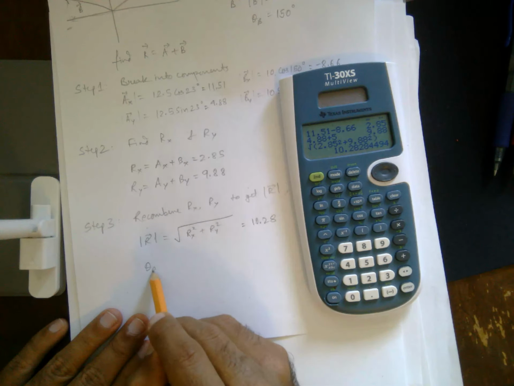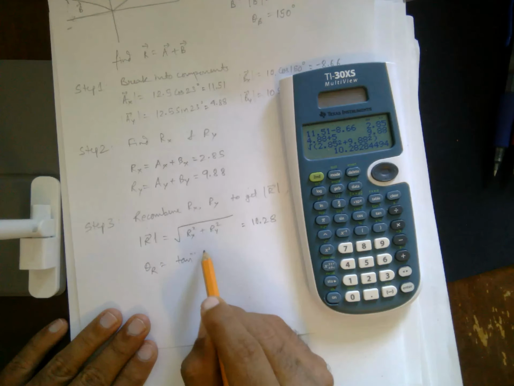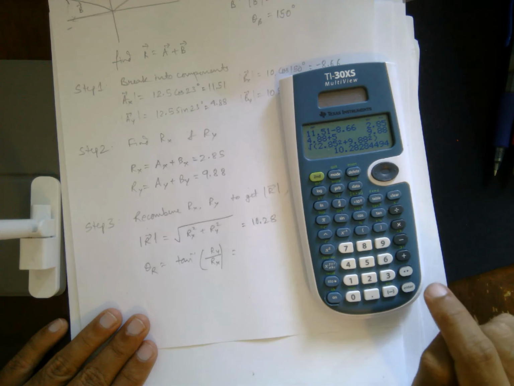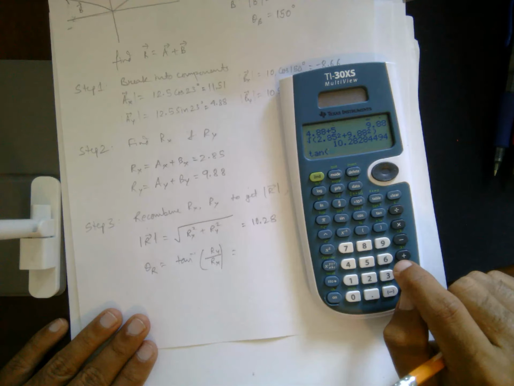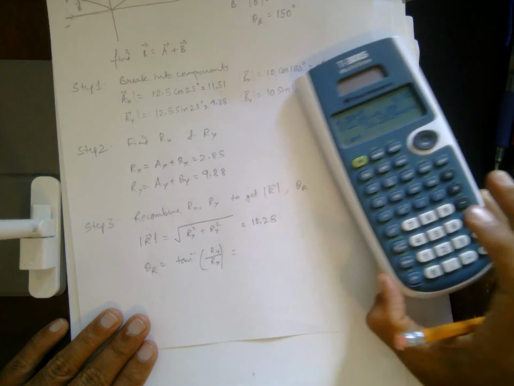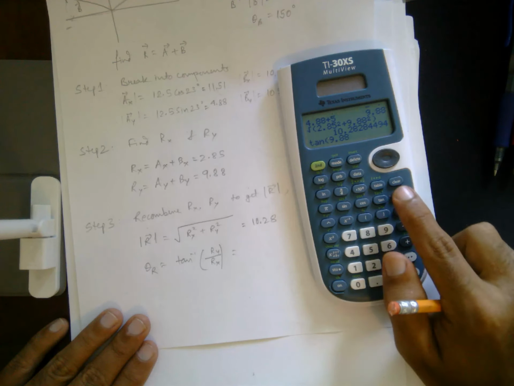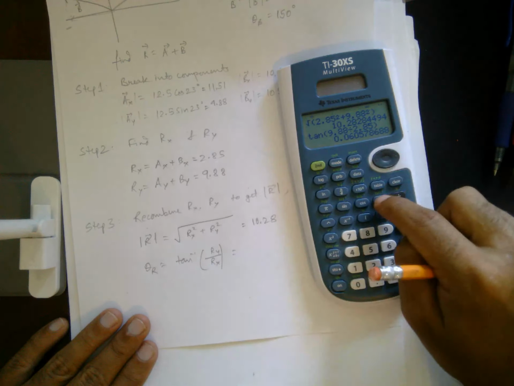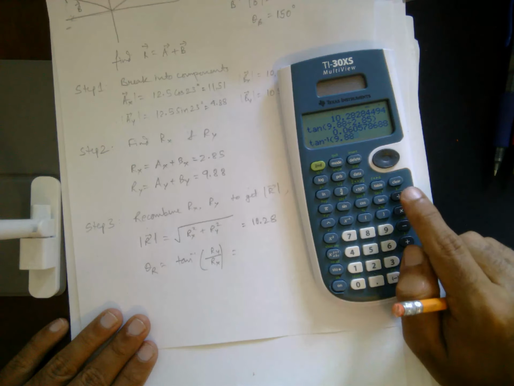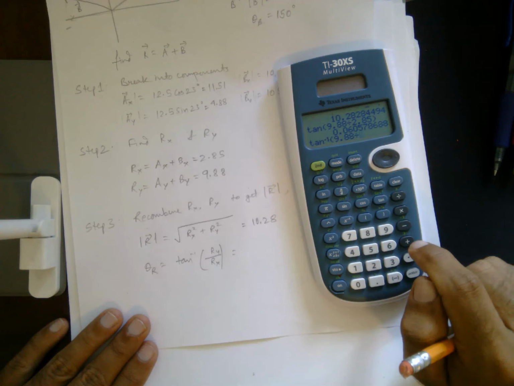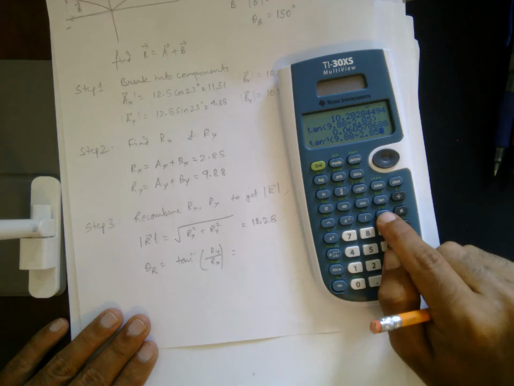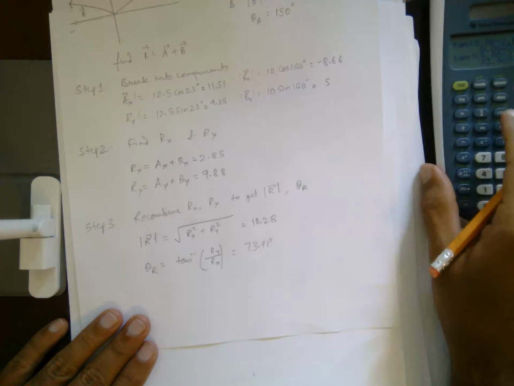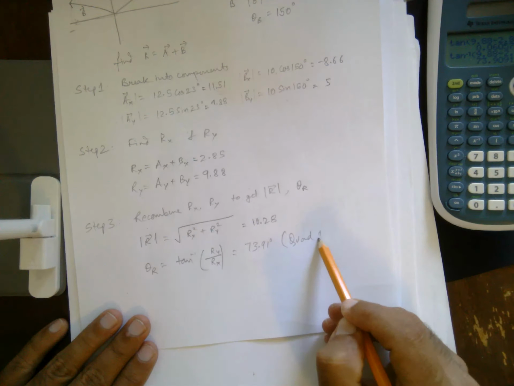And the angle is going to be tan inverse of Ry over Rx. Tan inverse of 9.88 divided by 2.85, 73.91 degrees. So this is still in quadrant 1.